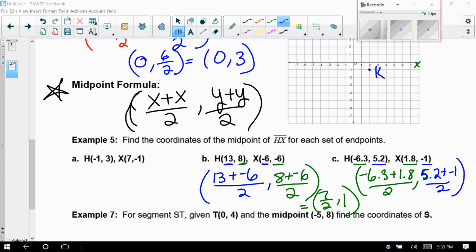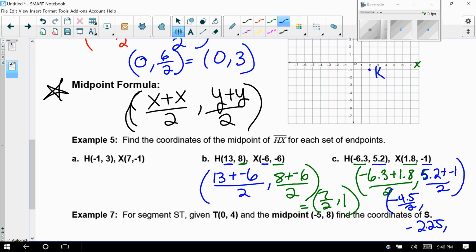So -6.3 plus 1.8 is -4.5. And then you're going to divide that by 2, which is, okay, well, I'll put it down here, -2.25, right?